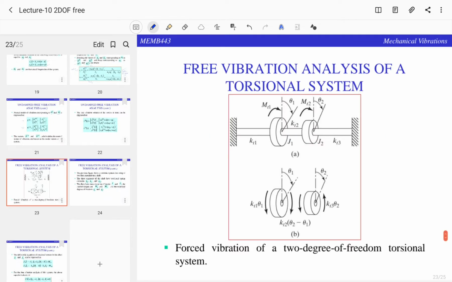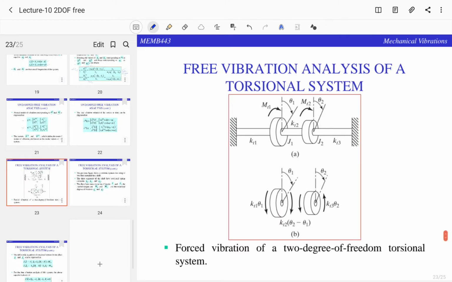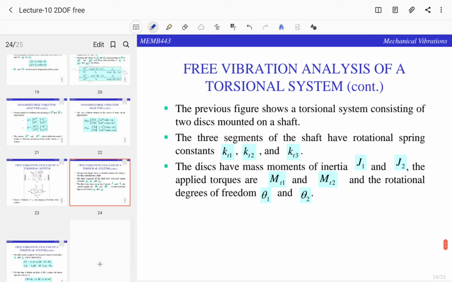And this is an example of forced vibration of a 2 degree of freedom system. It's a torsional system with 2 disks. Either you have a linear or translational system or a torsional system, the derivation is quite similar, but now instead of linear form you have torsional stiffness, you have J instead of M, and you have torque.